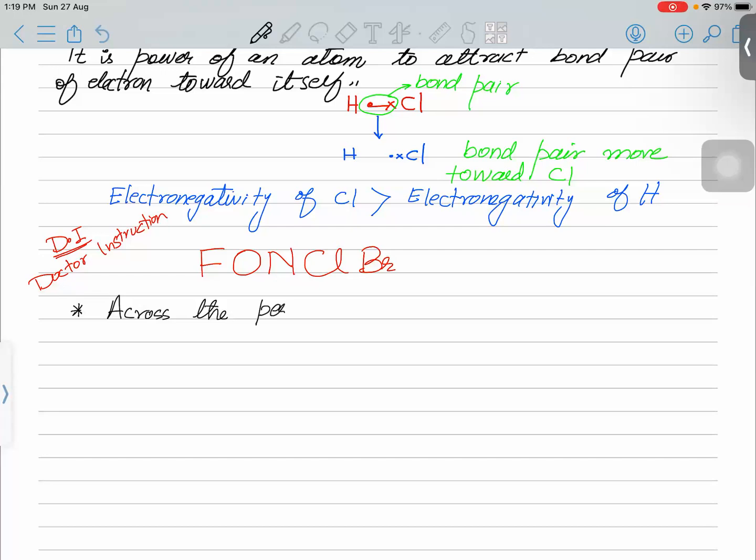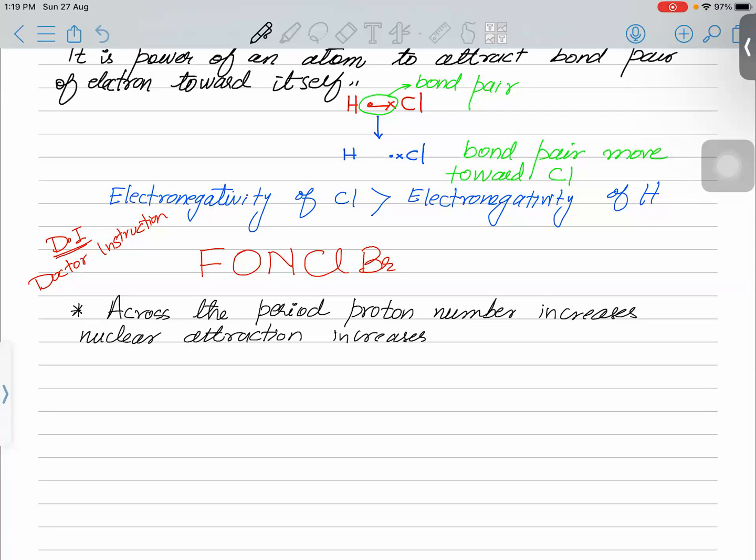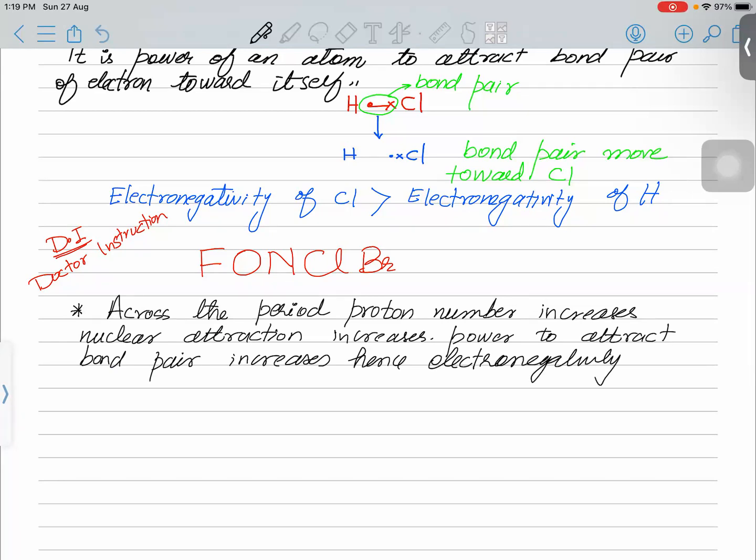So across the period, proton number increases, nuclear attraction increases, power to attract the bond pair increases, hence electronegativity also increases.